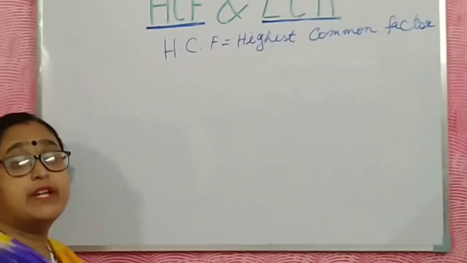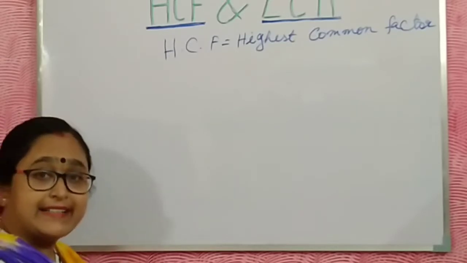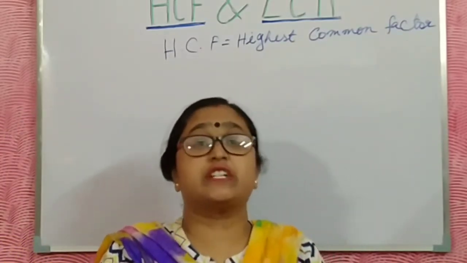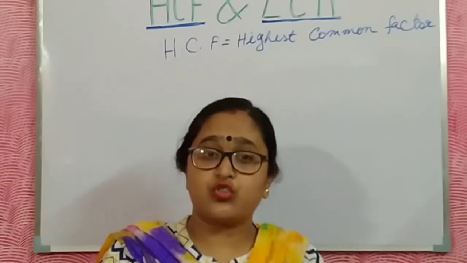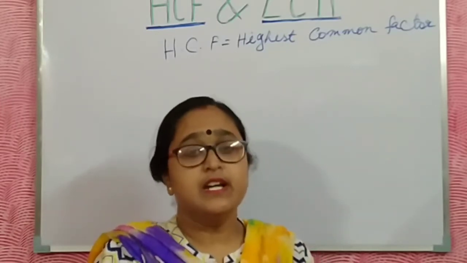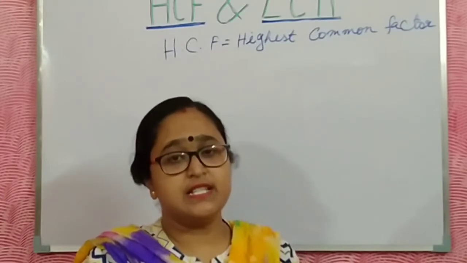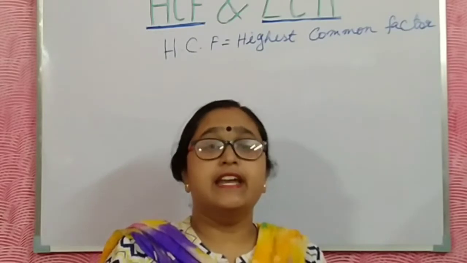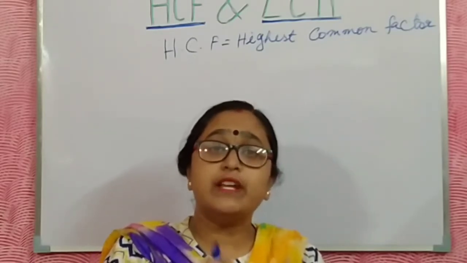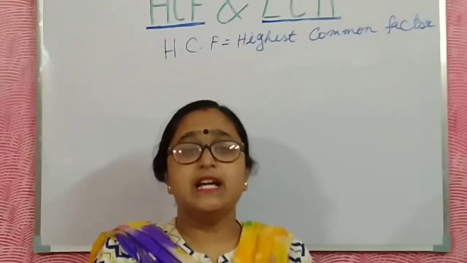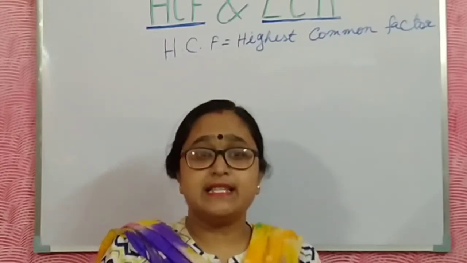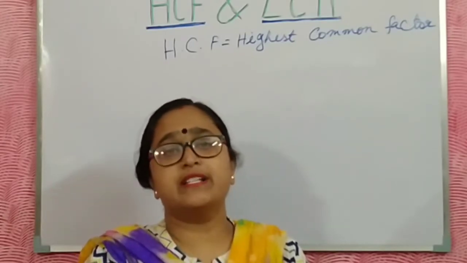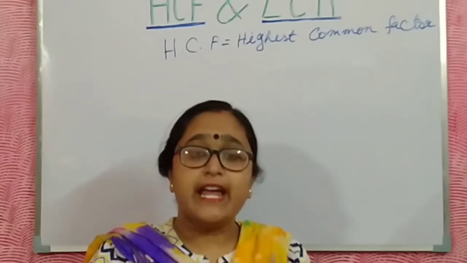Now, what is the meaning of factor? The factor is the number that belongs to which table. You also know the divisibility test, because I already discussed it in my previous video. That means a number is divisible by which number, this number is called the factor of that number.